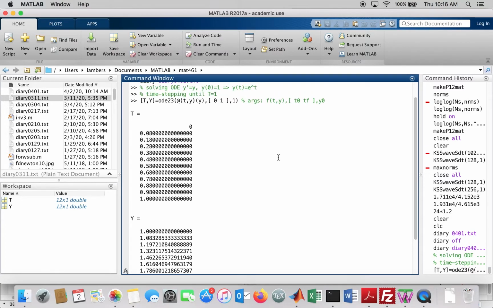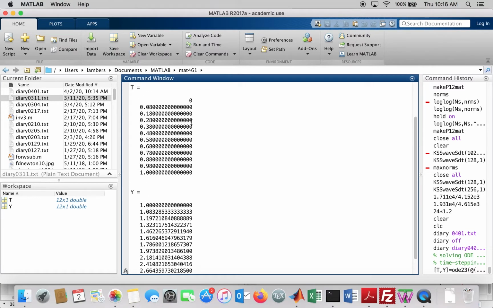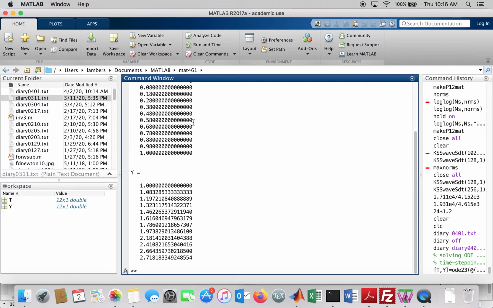So here's the output. The first output, capital T, is a column vector of t values. The second output, capital Y, is the actual solution, the values of y(t) corresponding to these t values.